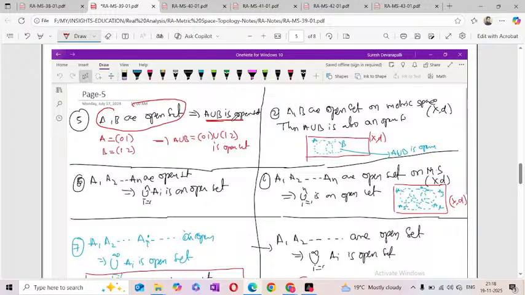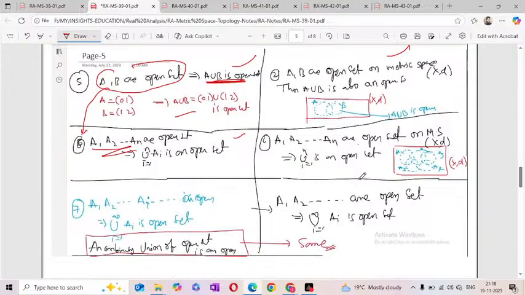Now the union of these open sets is always an open set. Same in the metric also. Not only two sets, I am taking n number of sets. So the finite union of open sets must be open. But the arbitrary union of open sets, open or not, is always open in real analysis. Same in the metric also.